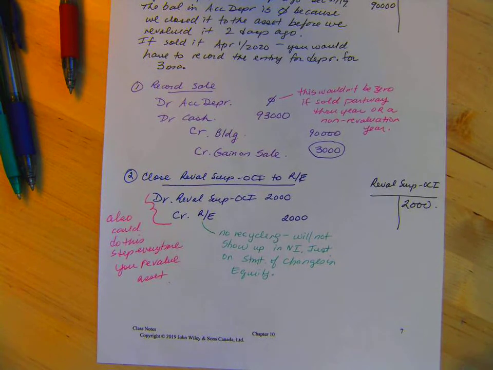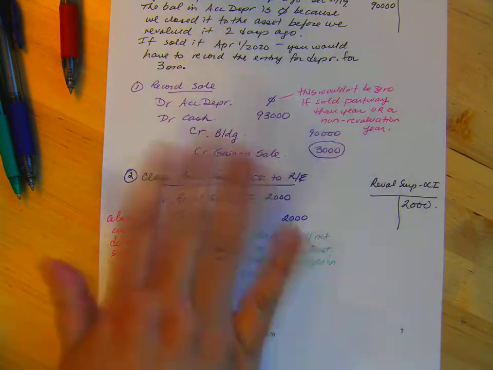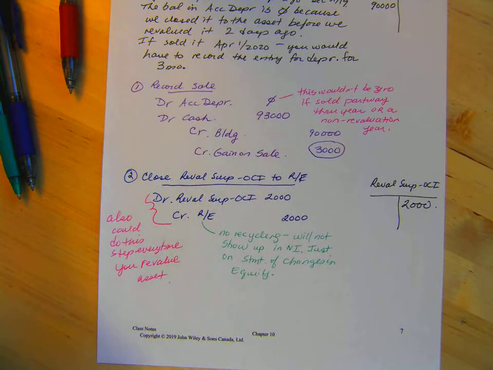Okay, so that's an example of how you revalue an asset, and then how you sell it, and how you deal with the revaluation surplus OCI. Okay, I'm going to start a new video, and we're going to do just a little bit of this to show how the proportional method for adjusting accumulated depreciation works.